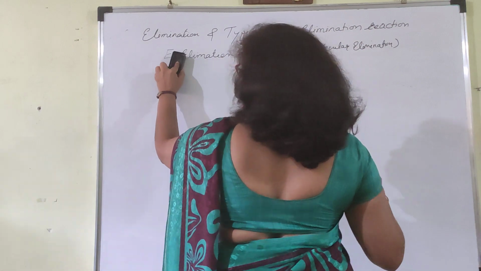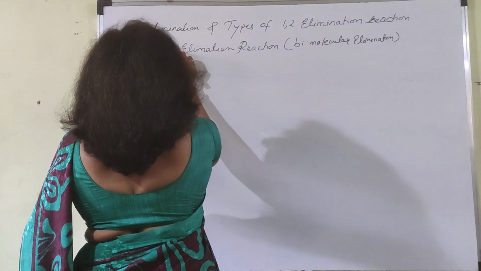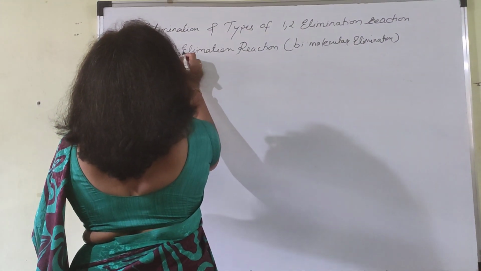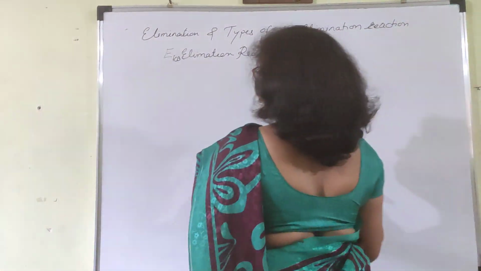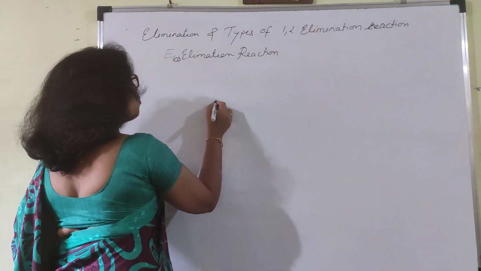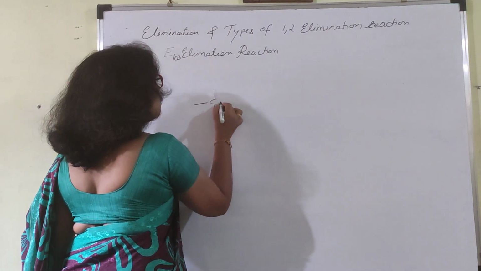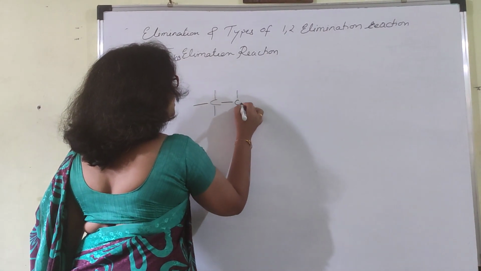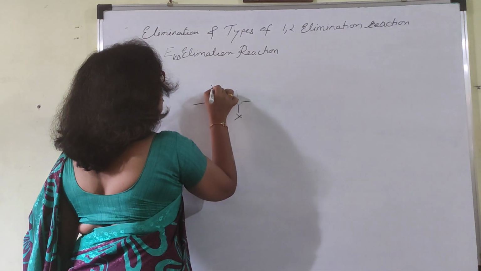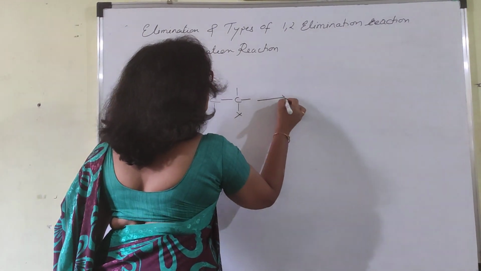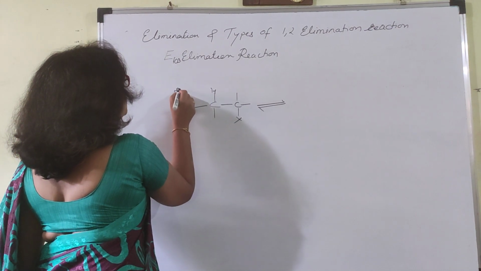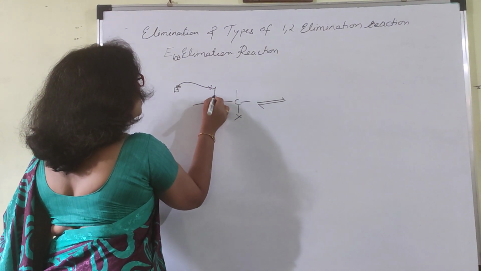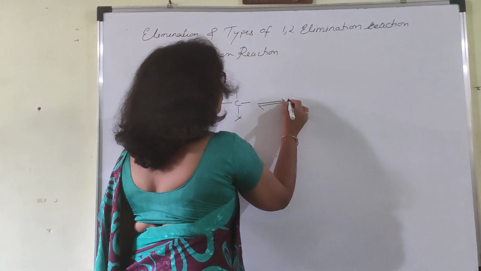Let us move to the next, that is the E1CB elimination reaction. Now in case of E1CB mechanism, CB stands for conjugate base. So here the base abstracts the proton, leading to formation of a carbanion.